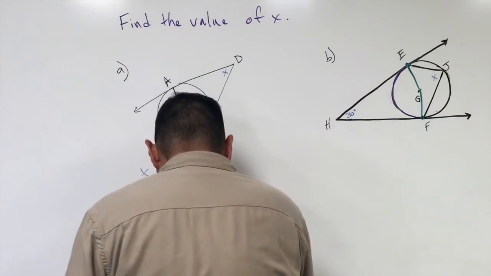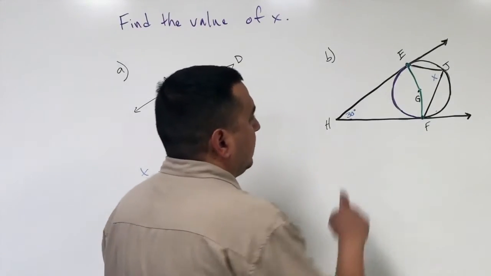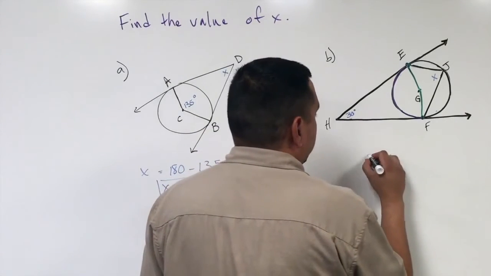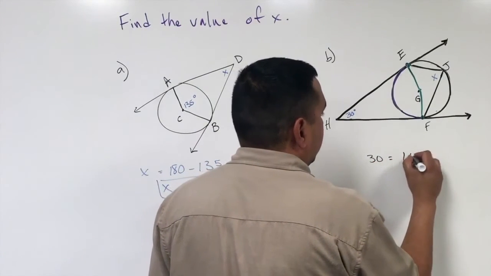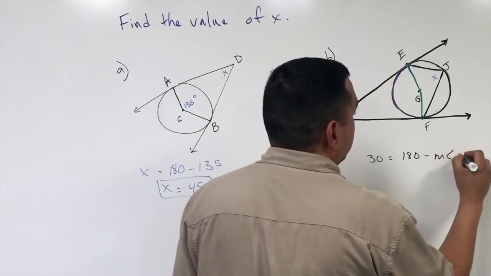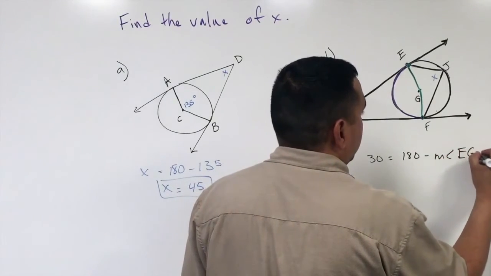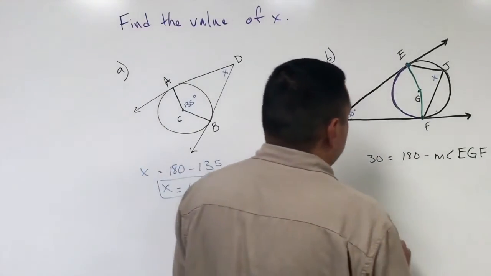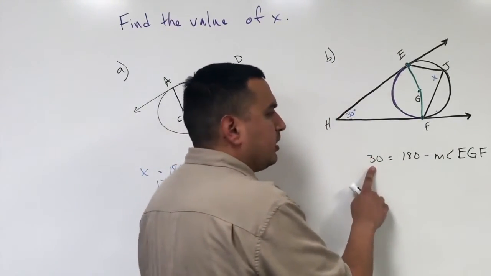So the circumscribed angle said that in order to get this 30, I would have to do 180 minus the measure of angle EGF. Now, since I know this angle, I'm going to go backwards.